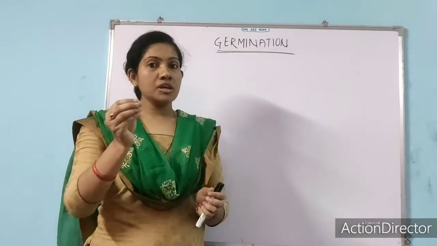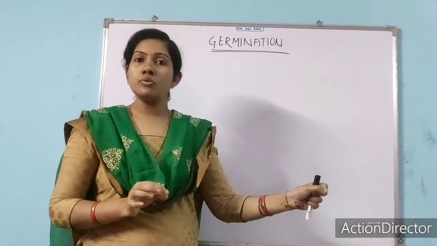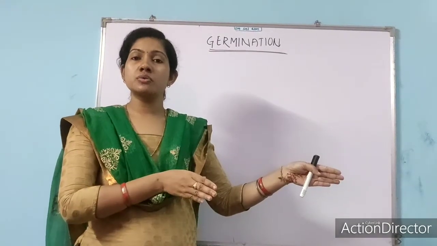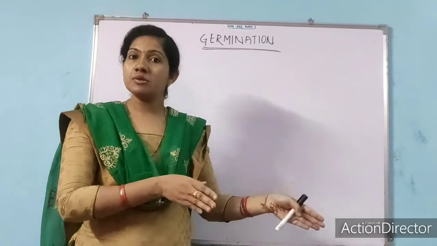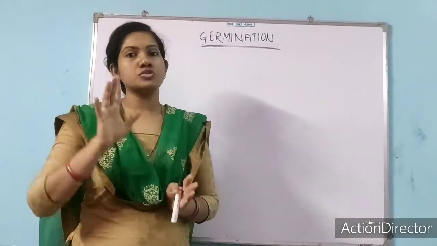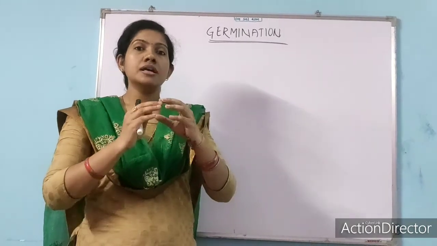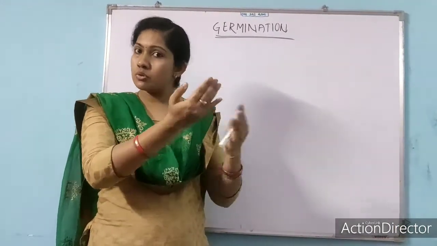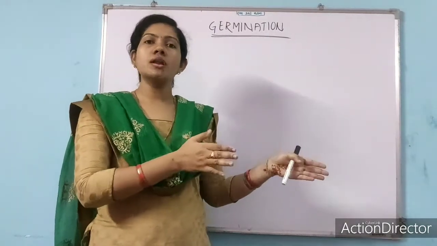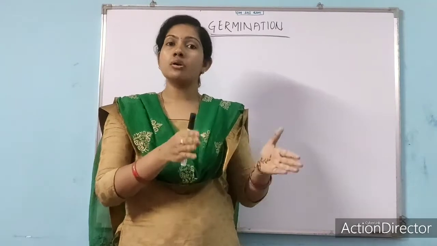But if we take the same pea seed and put it inside the ground, provide water to it, and provide adequate temperature to it, then that pea seed will germinate into root and shoot. So when seeds are in inactive stage, when they are not producing root and shoot, that time we call a seed a dormant seed, or we call that stage the dormant stage.